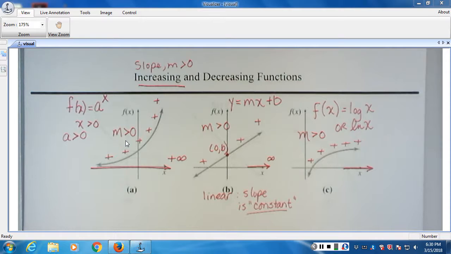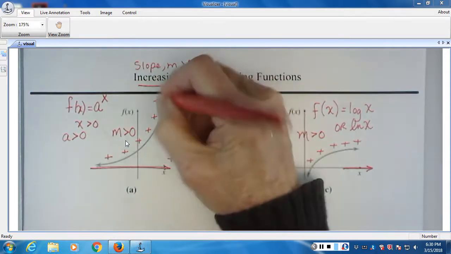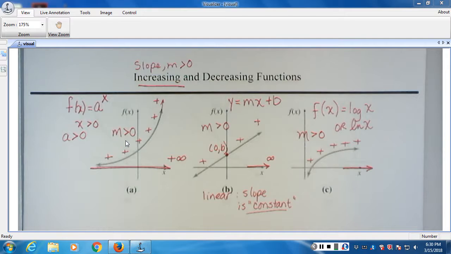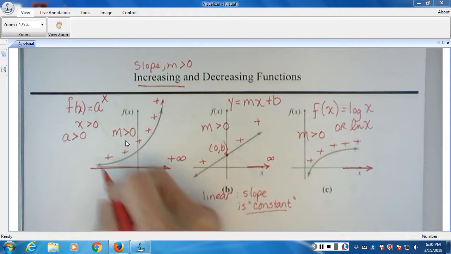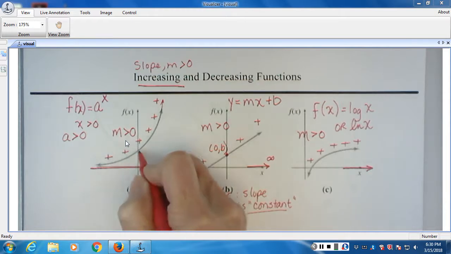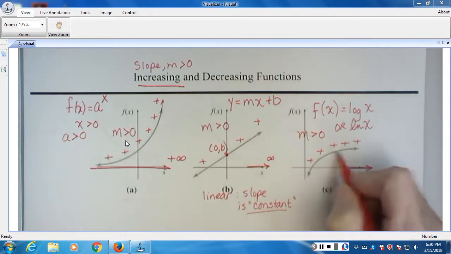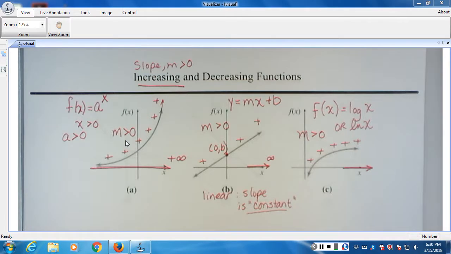The different behavior here is that as this one keeps going up, it goes higher and higher and faster and faster. This one starts out really, really fast, where this one kind of starts out slowly going up. This one starts out going up really fast, but then it kind of loses steam and levels out.